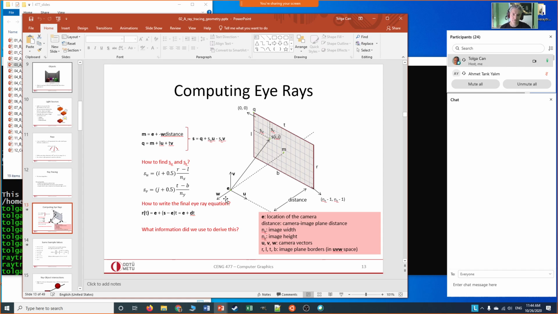All right, so we have talked about how we get the ray equation, and at the end we get ourselves a ray equation, r(t) = e + d t. D here is the direction from the eye point. It's the vector from E to S, or in other words, S minus E gives me this D vector, the direction vector. And this is a parametric line equation. After we have our ray as a parametric line, we can do all kinds of intersection tests with the objects in the entire scene.